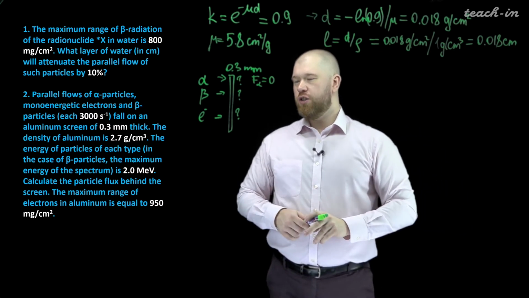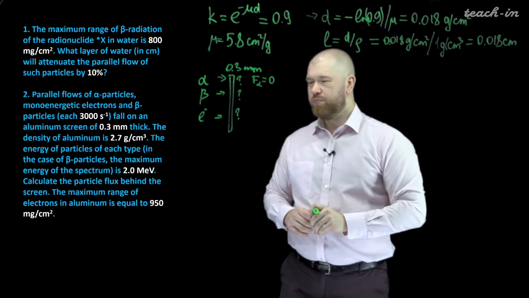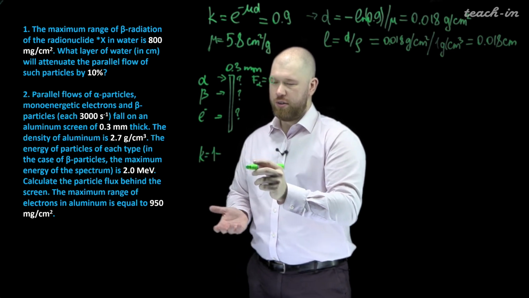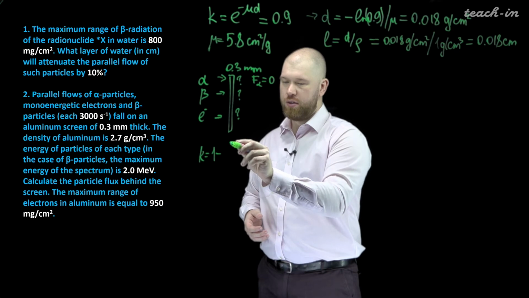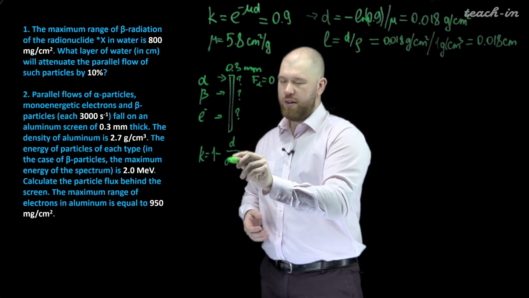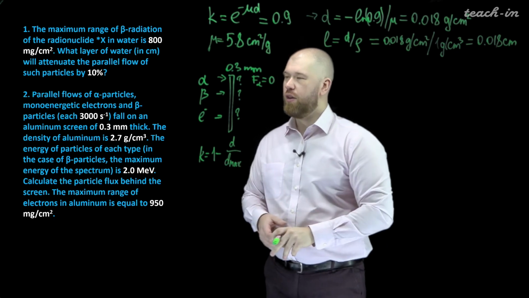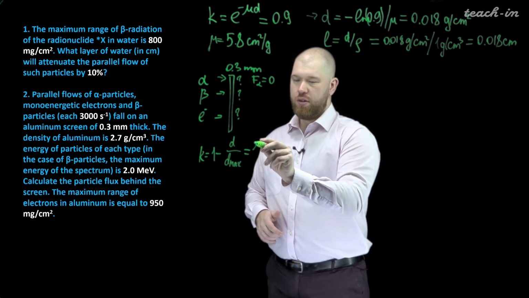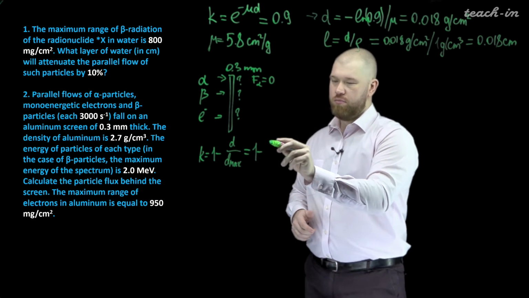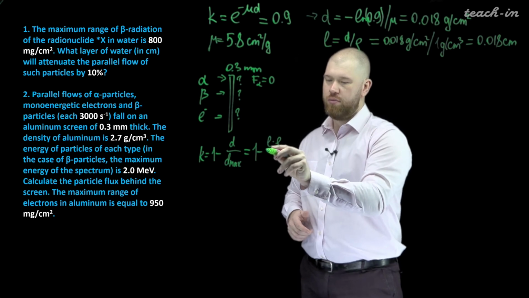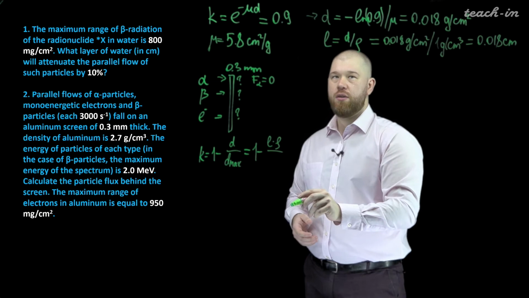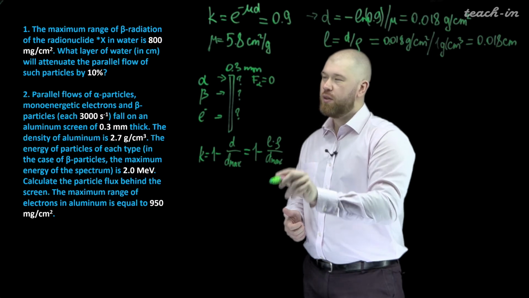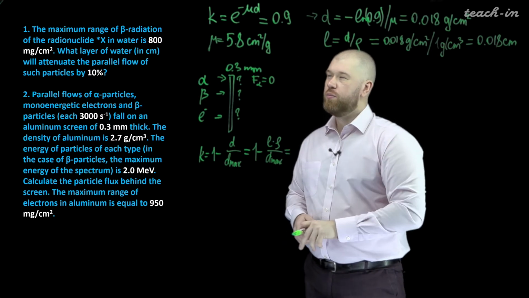Now about the monoenergetic electrons. Again, the attenuation is rather simple. It is 1 minus the thickness of our material divided by the maximum range of electrons. The d value is calculated as a linear thickness multiplied by the density of the material.